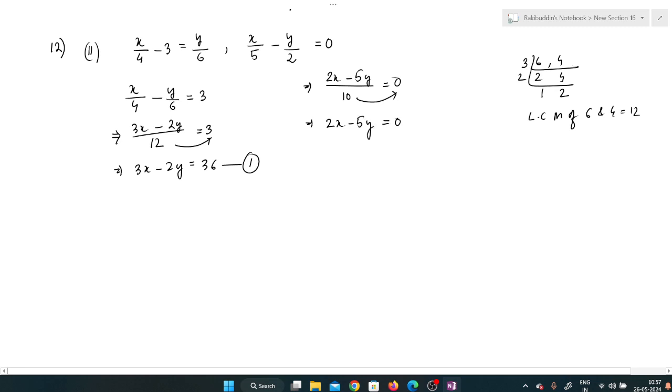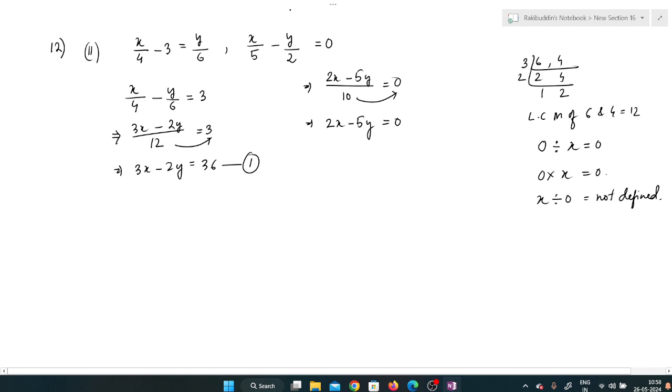Anything multiplied by 0 is 0. If 0 is divided by any number, that is also 0. 0 divided by x equals 0, 0 multiplied by x equals 0, and x divided by 0 is not defined.